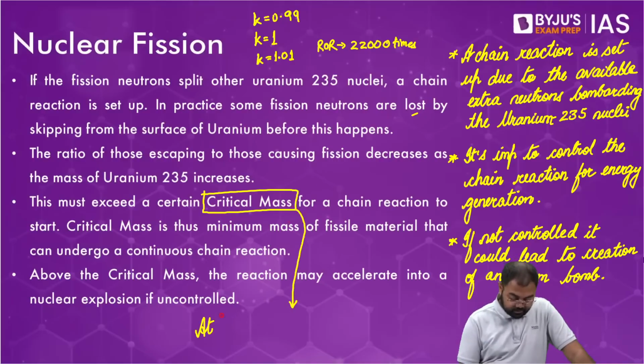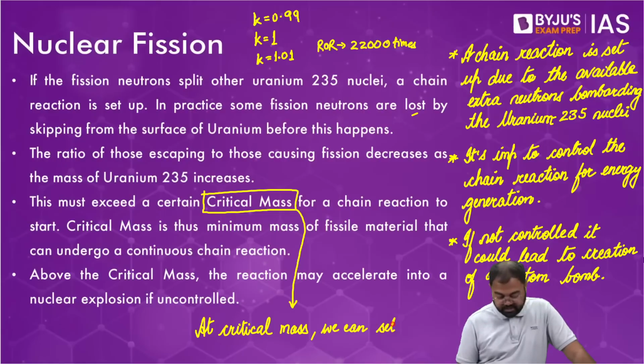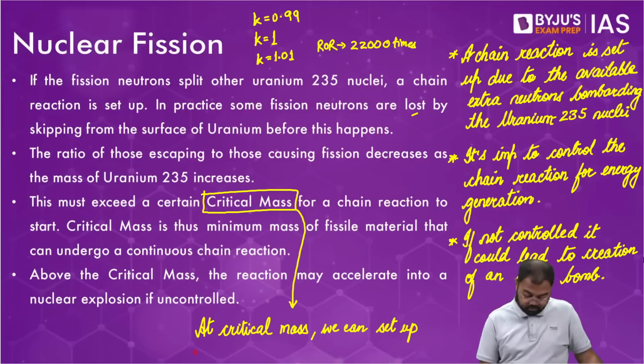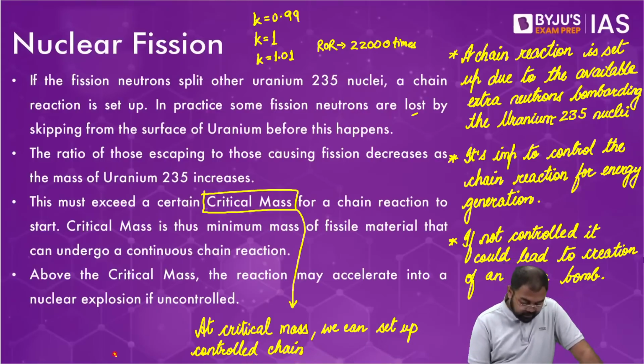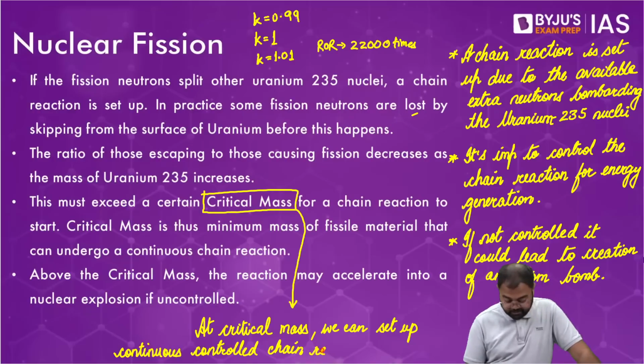At critical mass, we can set up a continuously controlled chain reaction.